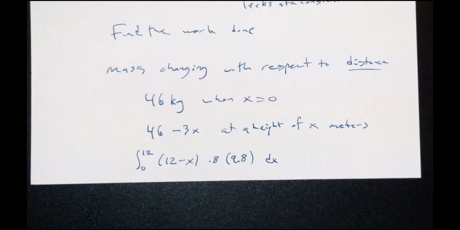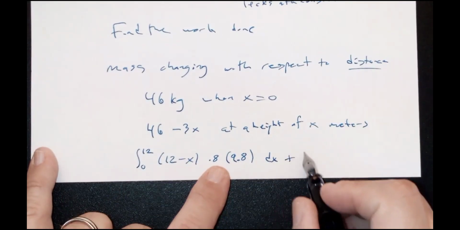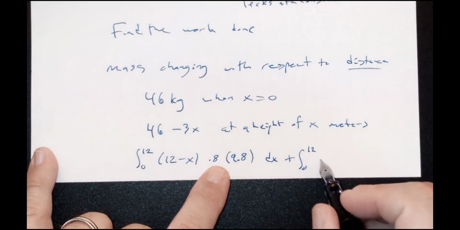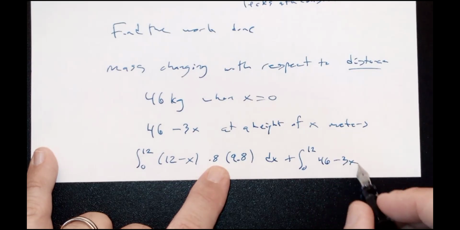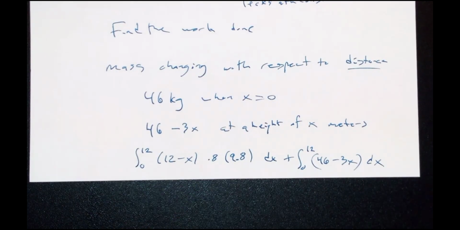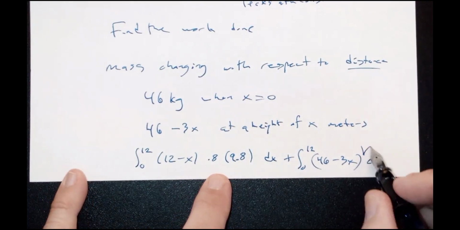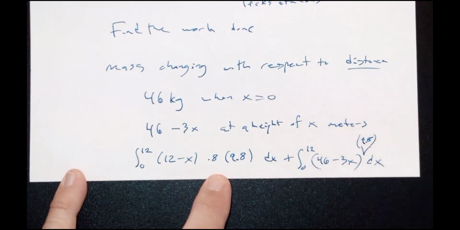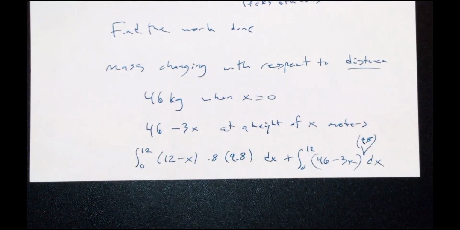And now the bucket and the water. I forgot it again. Put in the 9.8 there. But notice in both of those integrals, I could take the 9.8 and put them out front. So I could do the whole integral and then multiply by 9.8 if you wanted.